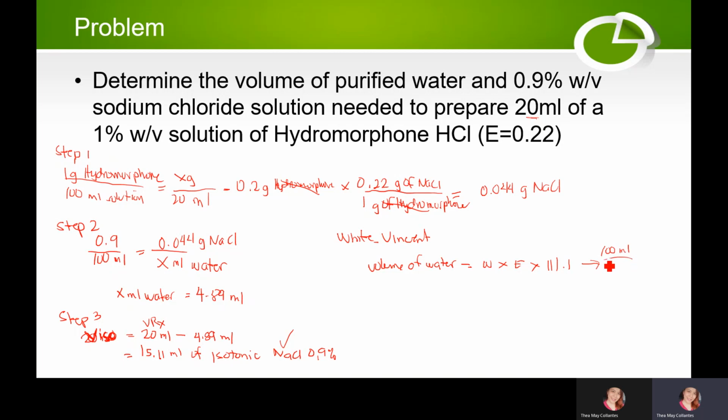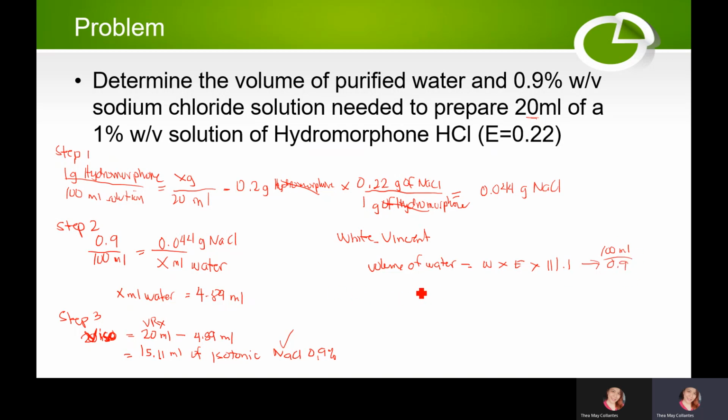It is the conversion we used for step 2. Remember that you cross multiply, so 0.9x equals 100 times the value, then you divide by 0.9 to get x. So this 111 is derived from this formula, and it is still for the standard NaCl 0.9%.